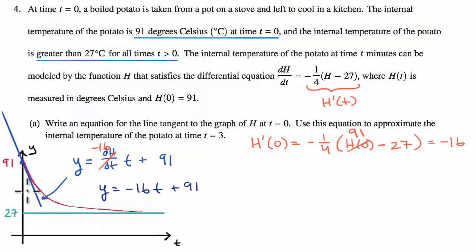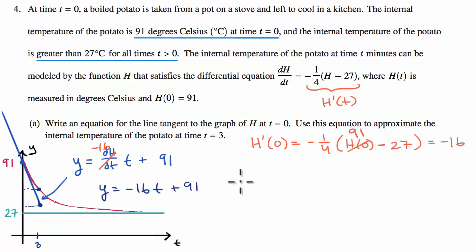And then they say we want to use this equation to approximate the internal temperature of the potato at time t equals 3. So let's say that this is time t equals 3 right over here. We want to approximate the temperature that this model describes right over here, but we're going to do it using the line. So we're going to evaluate the line at t equals 3.